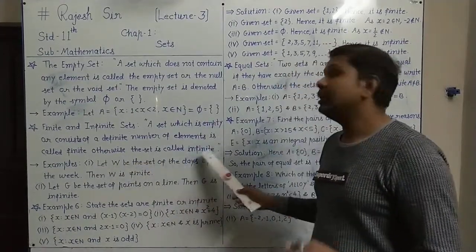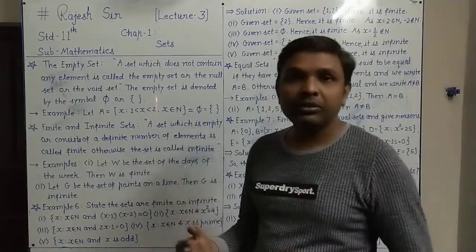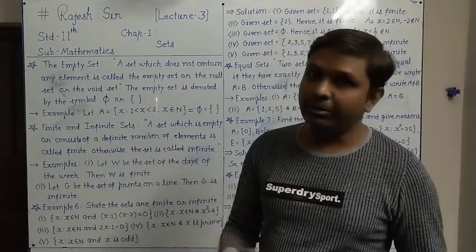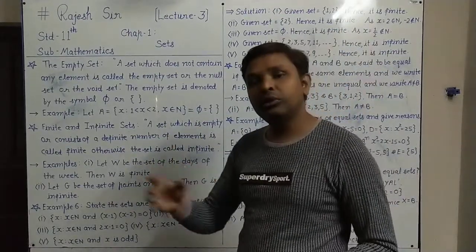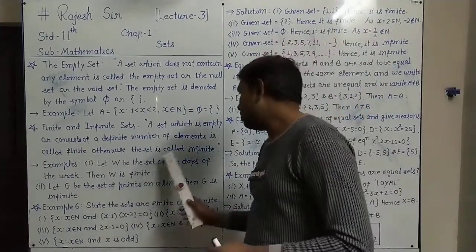Otherwise the set is called infinite. If the number of elements is not definite, not countable, you keep writing the elements but no end is there, that type is called infinite.